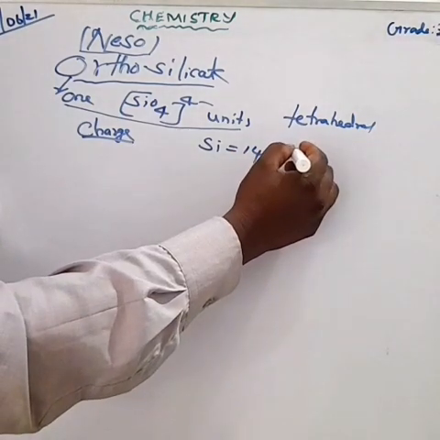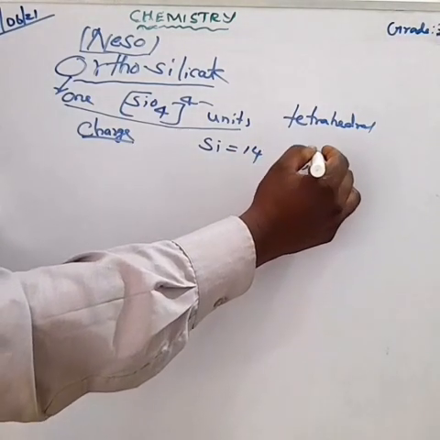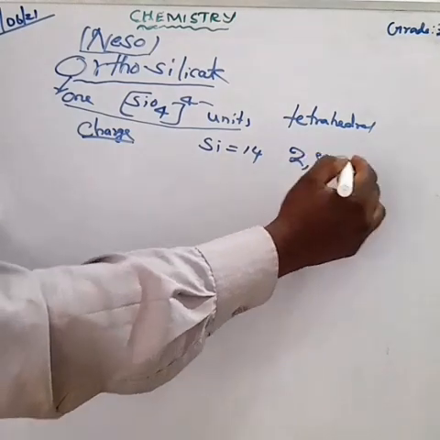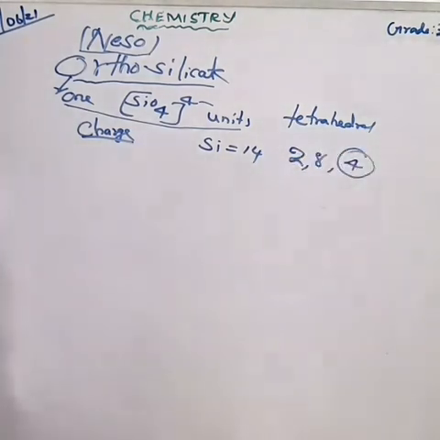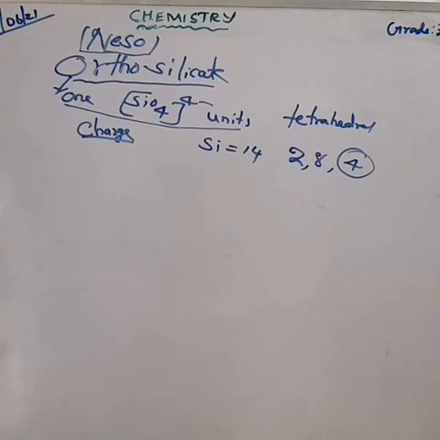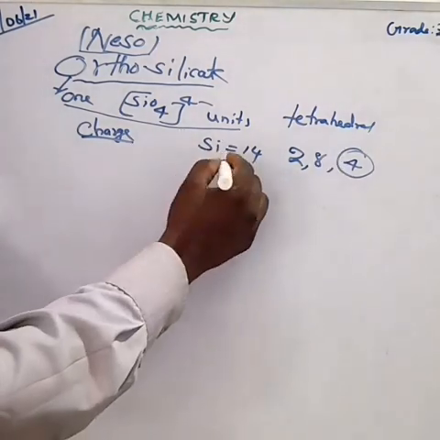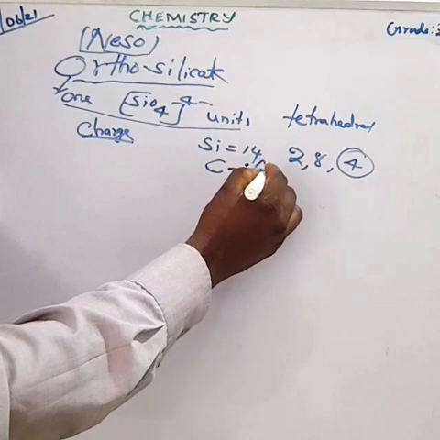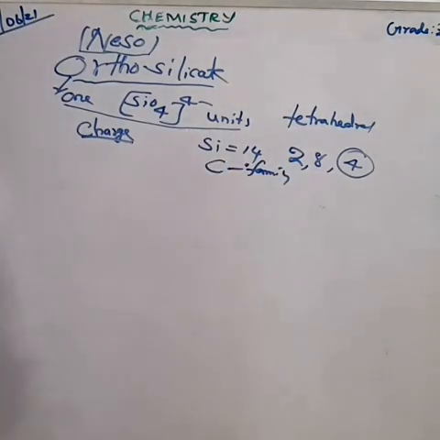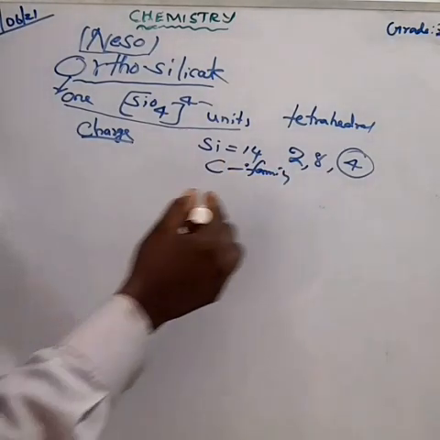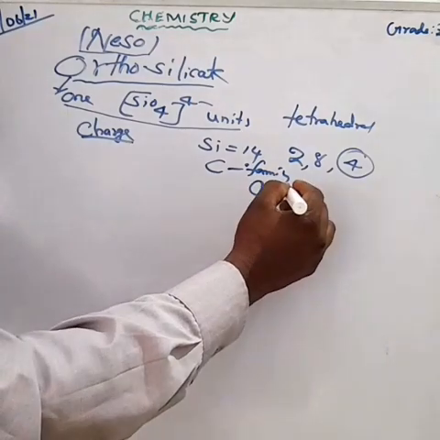The first shell accommodates 2 electrons, the second shell 8 electrons, and the third shell 4 electrons. So the outermost shell has 4 electrons. We know this because the valency of silicon is 4. It belongs to the carbon family. Anyhow, oxygen, we already know, is minus 2.